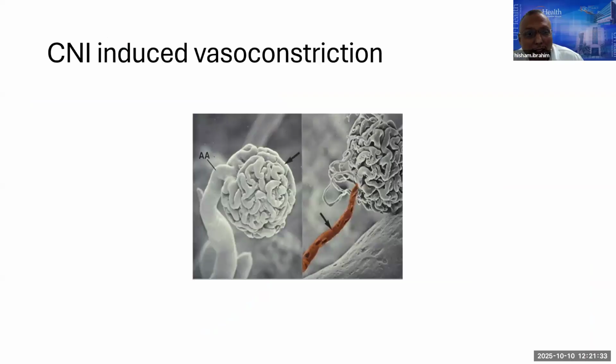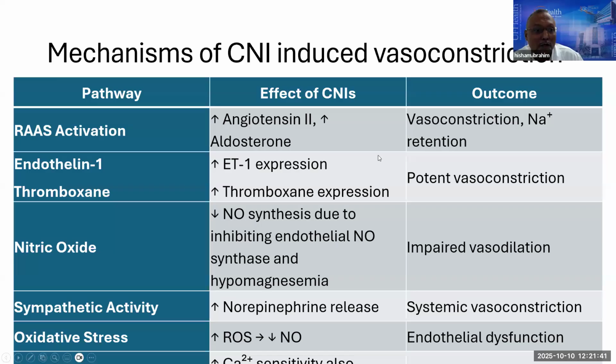Anyway, the CNI-induced vasoconstriction. This is in a rabbit, and you can see clearly that the electron micrograph shows the vasoconstrictive effect of CNIs. So what is the mechanism of the vasoconstriction? It's a multifactorial problem. You have a combination of RAS activation, with an increase of aldosterone and angiotensin II.